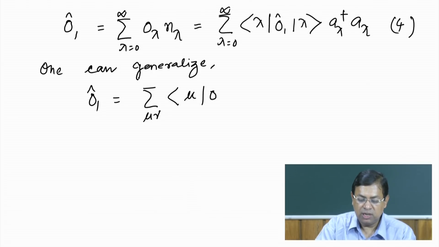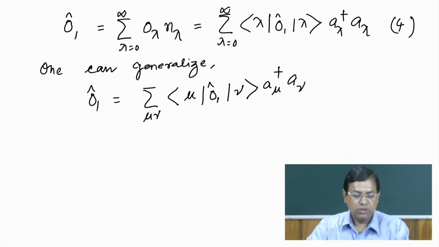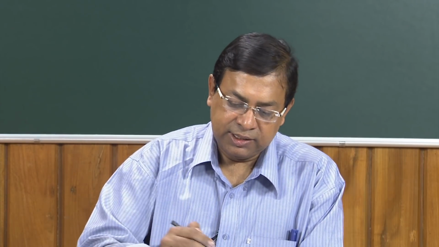You can still write it as this. This is the general representation of a one body operator in terms of the creation and the annihilation operators. This is called the second quantization, or the second quantized notation, for a one body operator. Let us take an example.